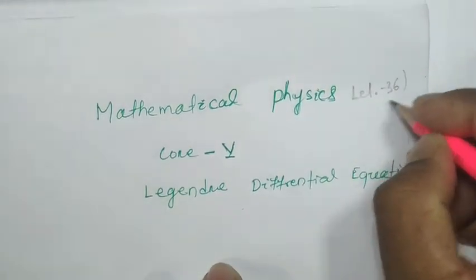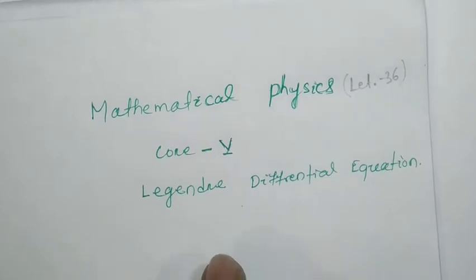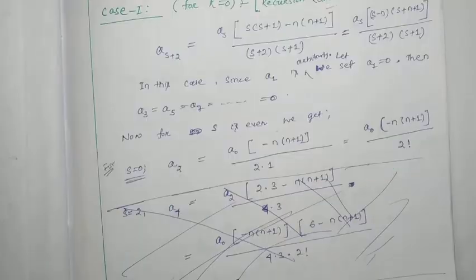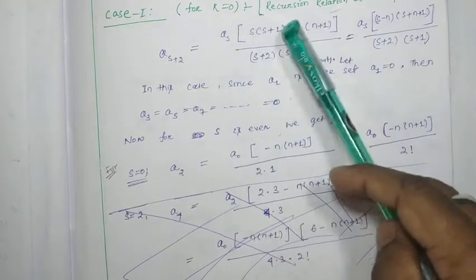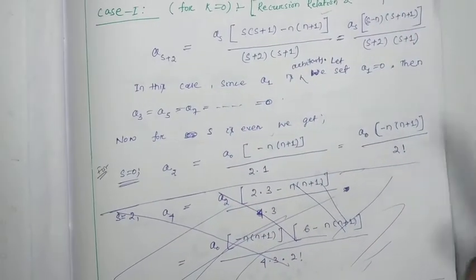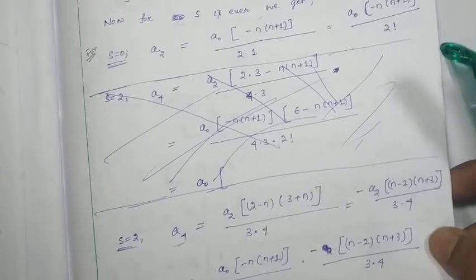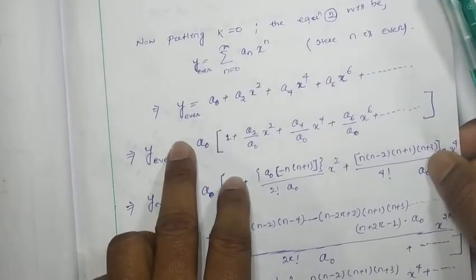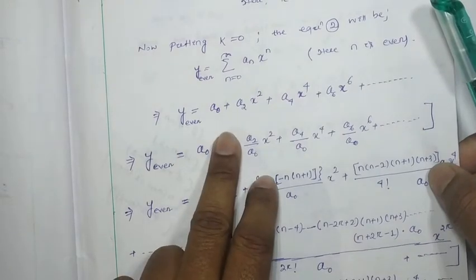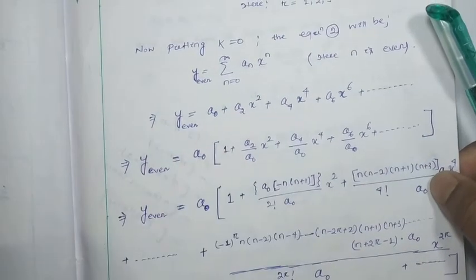Lecture number 36. In our last class we discussed that for k equal to 0 the recursion relation and the corresponding solution of the Legendre differential equation will be this much, that is y even, because all the odd terms are going to be 0.